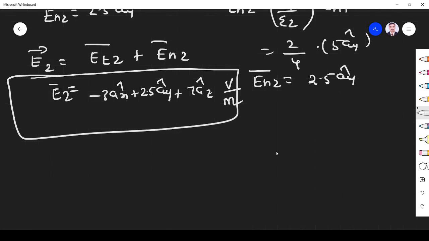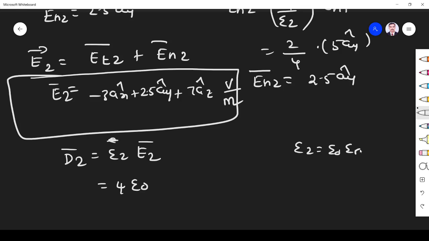What is the D value? I want D2 also. D2 is epsilon times E. Epsilon 2 is 4 epsilon naught, because epsilon 2 is epsilon naught into epsilon r, and epsilon r they gave as 4.